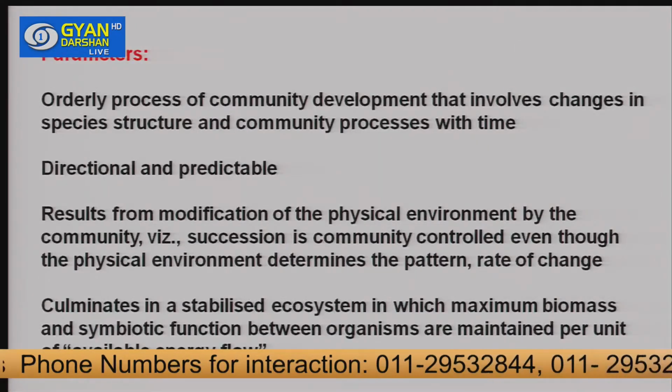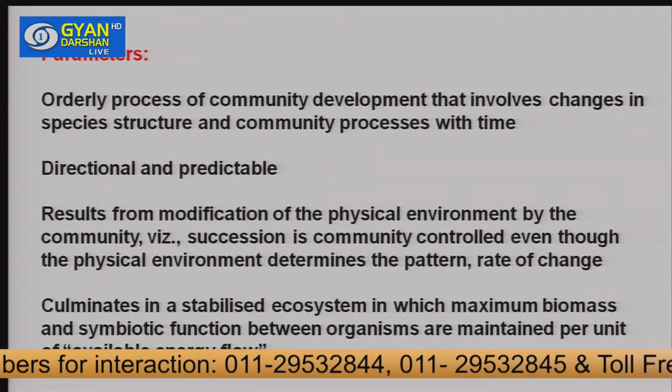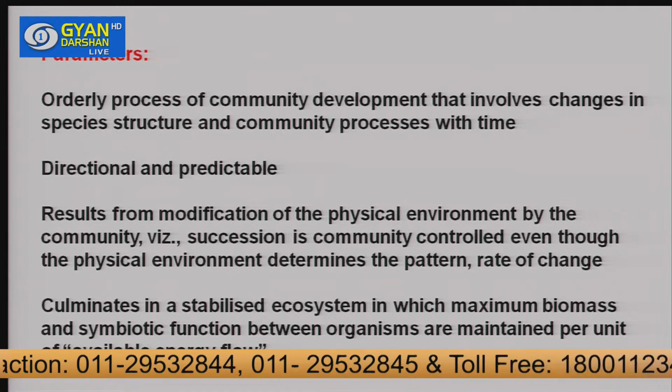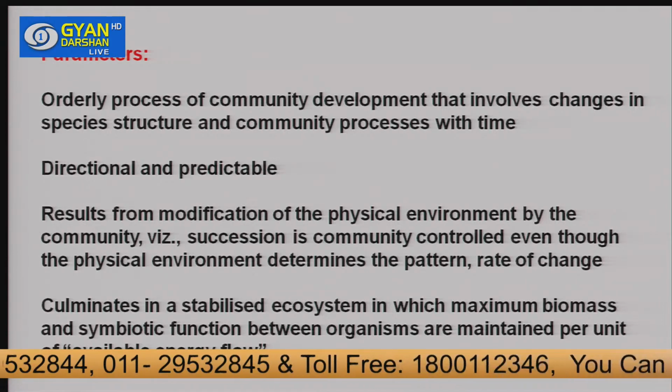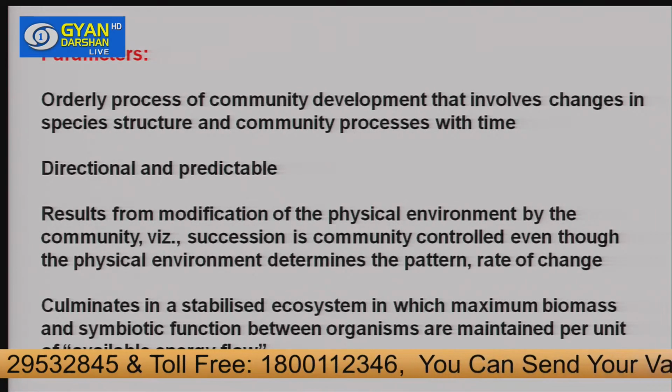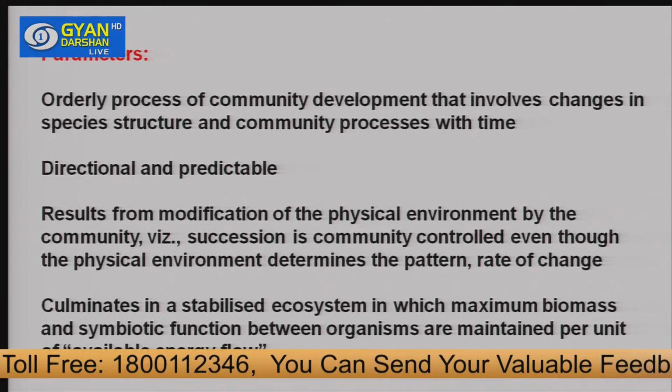One can be external factors, and one can be the different communities being developed, because one community affects the development of the other, either positively or negatively. Ultimately it culminates in a stabilized ecosystem in which maximum biomass and symbiotic function between organisms are maintained per unit of available energy flow. So these are certain parameters of succession studies.